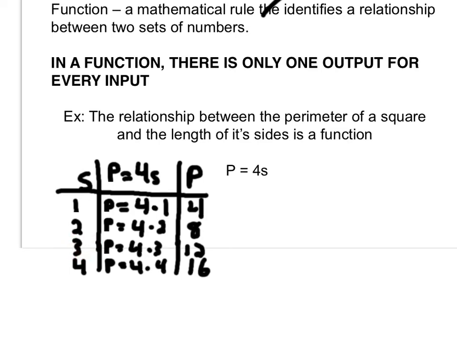When I put in 3, I can only get 12. And when I put in 4, I can only get 16. So this is a function. Okay? The relationship between the sides of a square and its perimeter is a function. Okay? Because for every input, every one of these numbers, there's only one possible number that goes over here. Alright? So this right here is called a function.